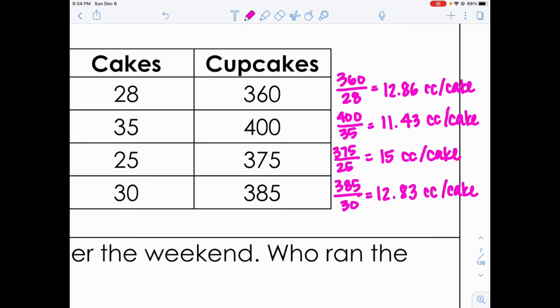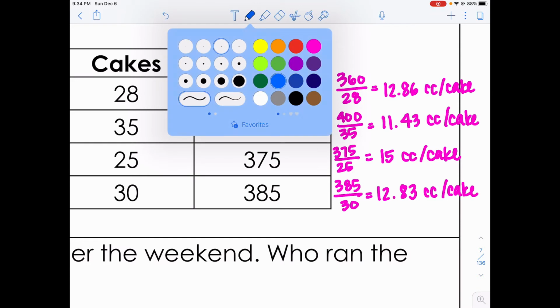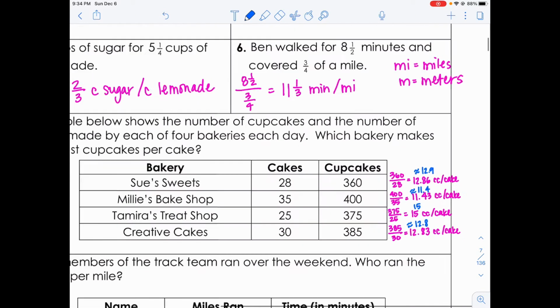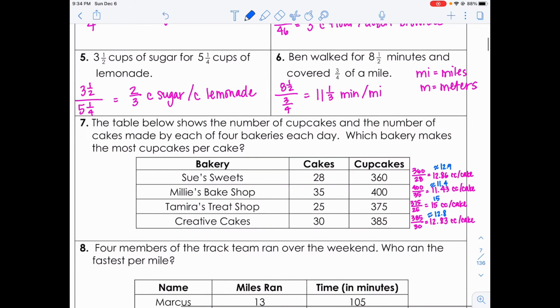Now, we are going to do some quick rounding on this. It says to round it to the nearest tenth when necessary. So on this one, this is approximately 12 9/10. Over here, we're at approximately 11 4/10. This one stays 15. And then on this one, we're going to round it to 12 8/10. So the question says, which one makes the most cupcakes per cake?